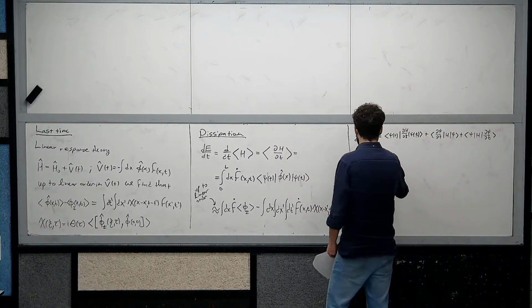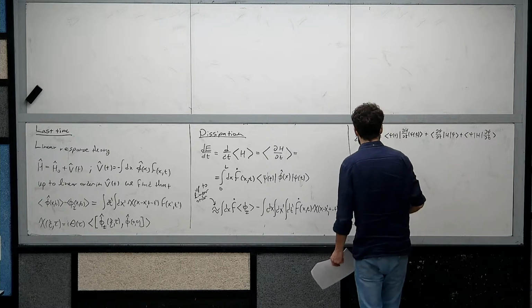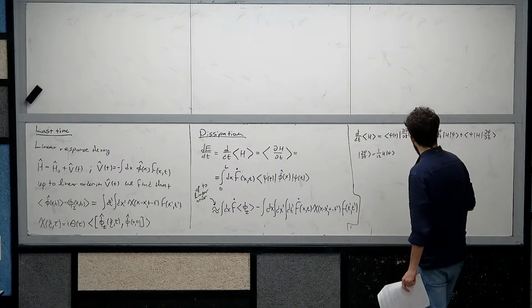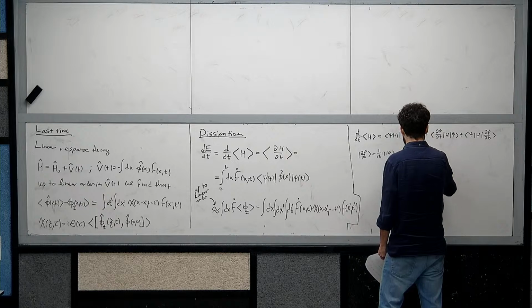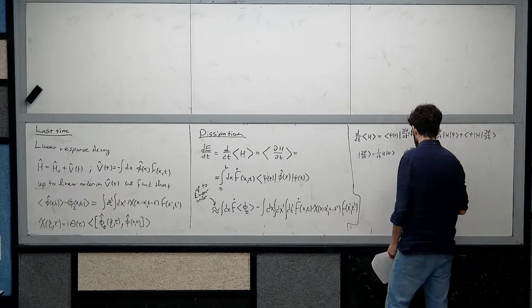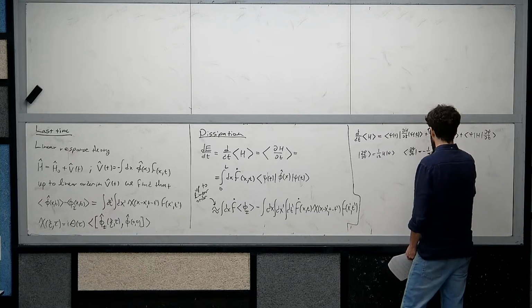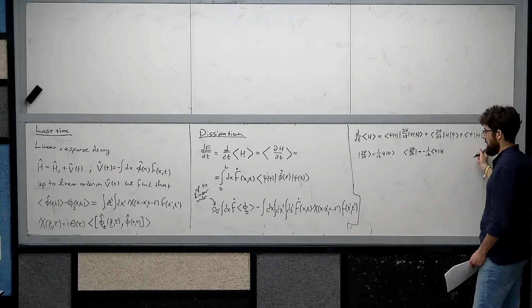But the issue is that d psi/dt is exactly 1 over i hbar H psi, and d psi/dt is therefore equal to minus 1 over i hbar psi H. And therefore these two terms cancel.